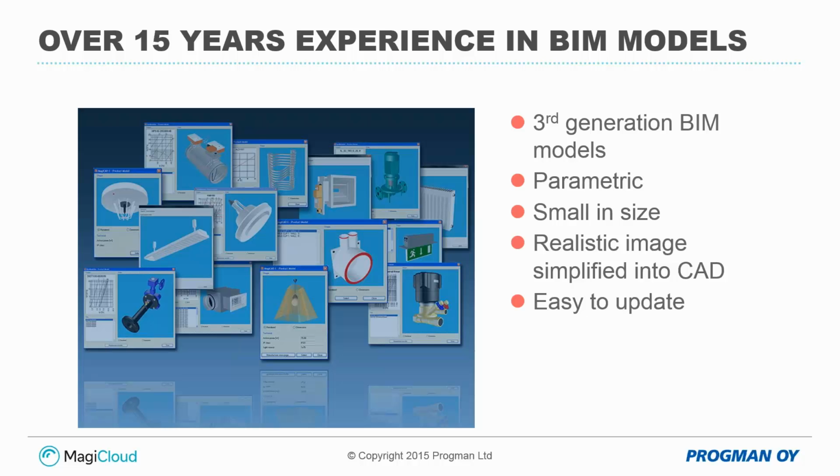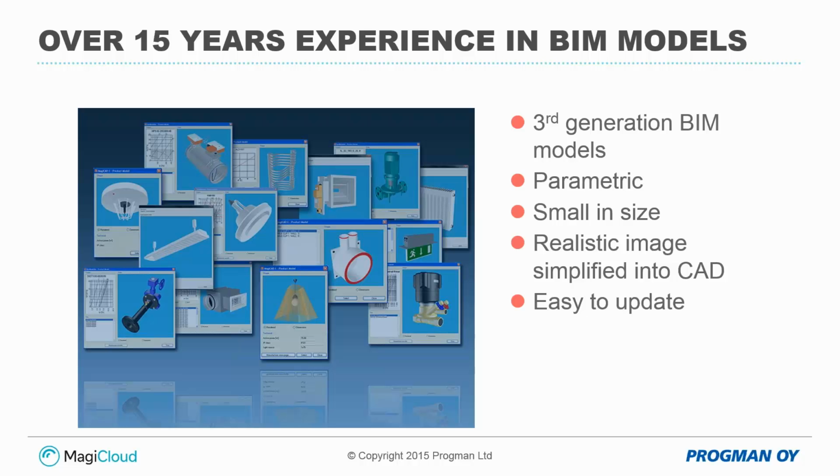So what we are doing today is in fact the third generation of our BIM models. A lot has been done also to create the best interaction with Revit. We create parametric models. They're very small in size. This is a requirement to have a good balance between detail and dimensions of the product.